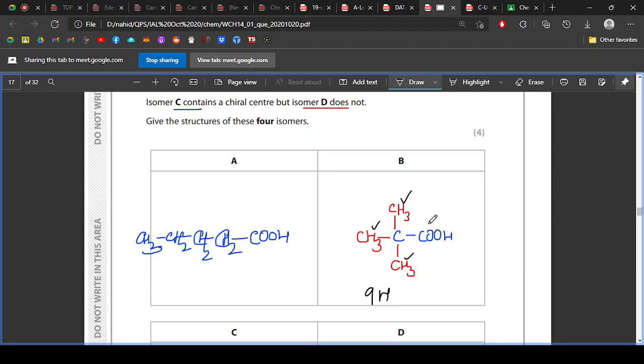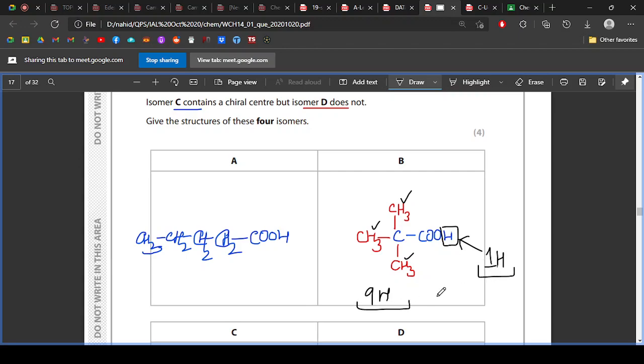And this single hydrogen atom has the second type of environment. What about their splitting pattern? Would you expect this to be singlet, doublet, triplet, whatever? What do you expect for this hydrogen and these 9 hydrogen atoms?